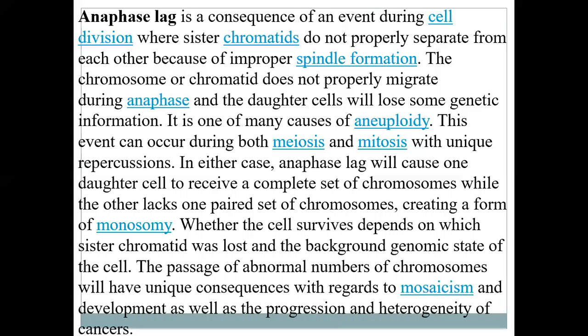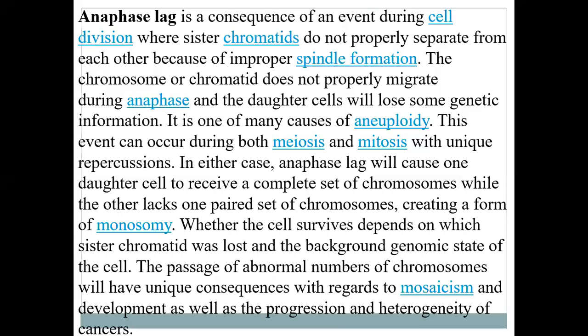That means when the parent cell divides in the mitosis process, two paired chromosomes are separated and go towards the opposite poles. At that time, separation does not happen completely or properly, and the spindle formation is also defective. So a complication occurs, that is anaphase lag.